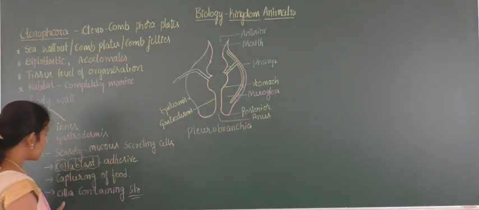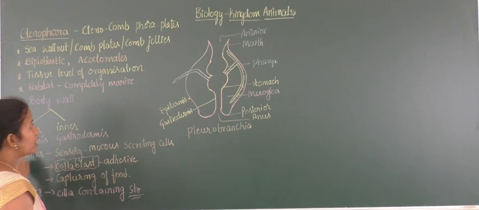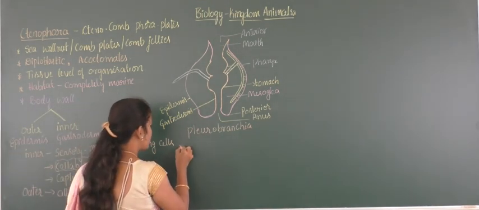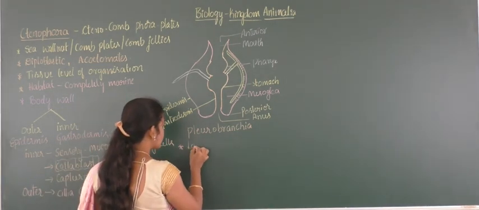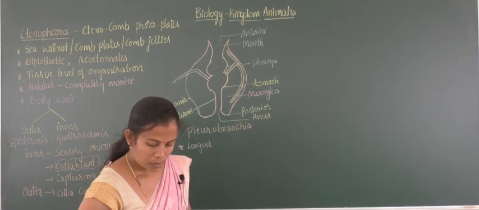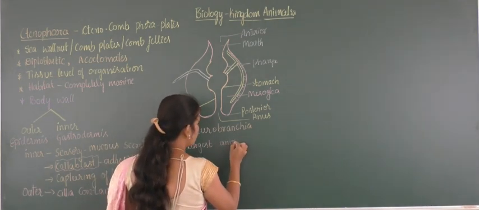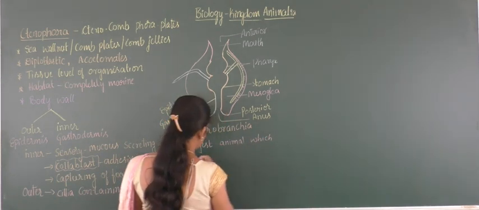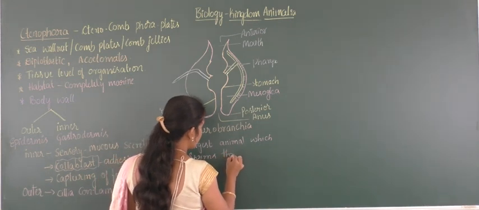As I said, cilia-containing structures will be present on the epidermis of the organism, and a special property of these ctenophora is that they are the largest animals which swim through cilia.